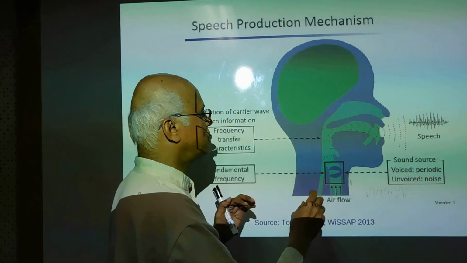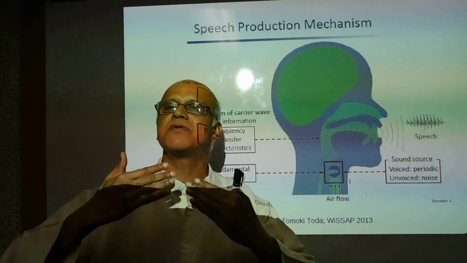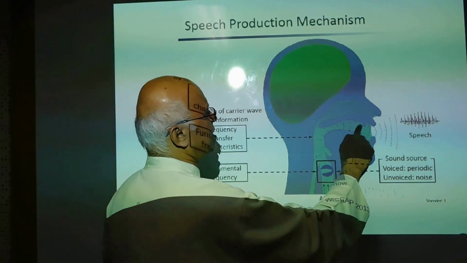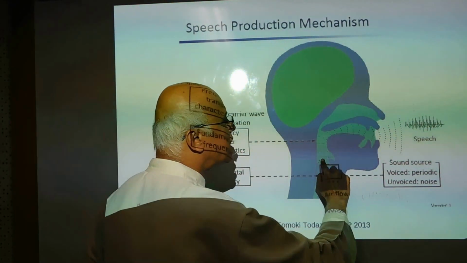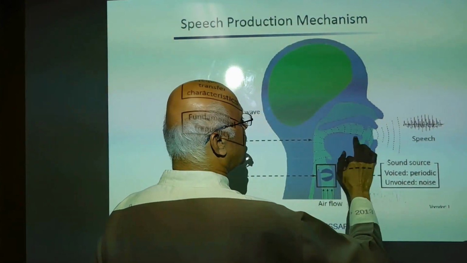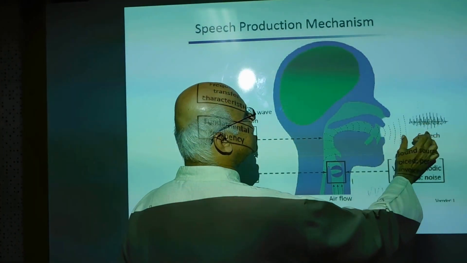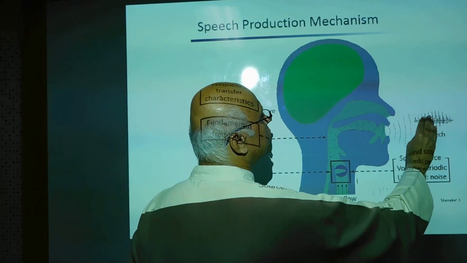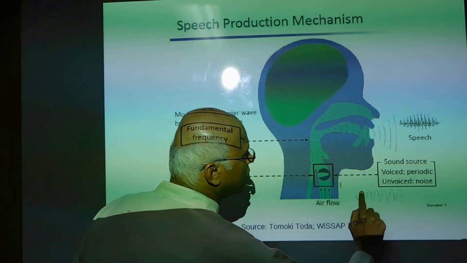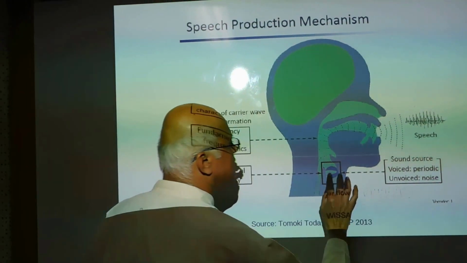These pulses of air excite the air cavity here, and this sets up resonances in the vocal cavity. This air cavity is called the vocal cavity because it is responsible for the generation of voice. Now, the size and shape of this vocal cavity determines the frequency property of the speech that comes out of here. The input to the system is a periodic waveform as shown here. This is the amount of air that goes out as a function of time.